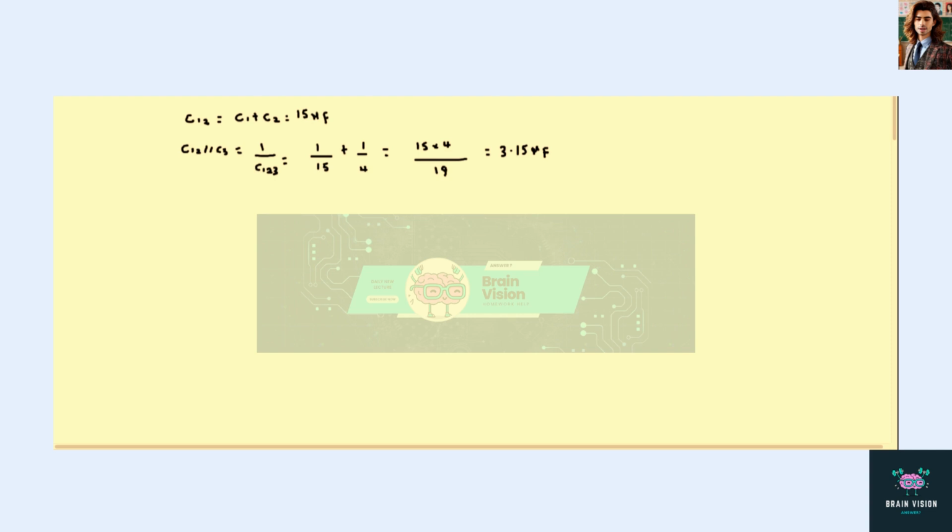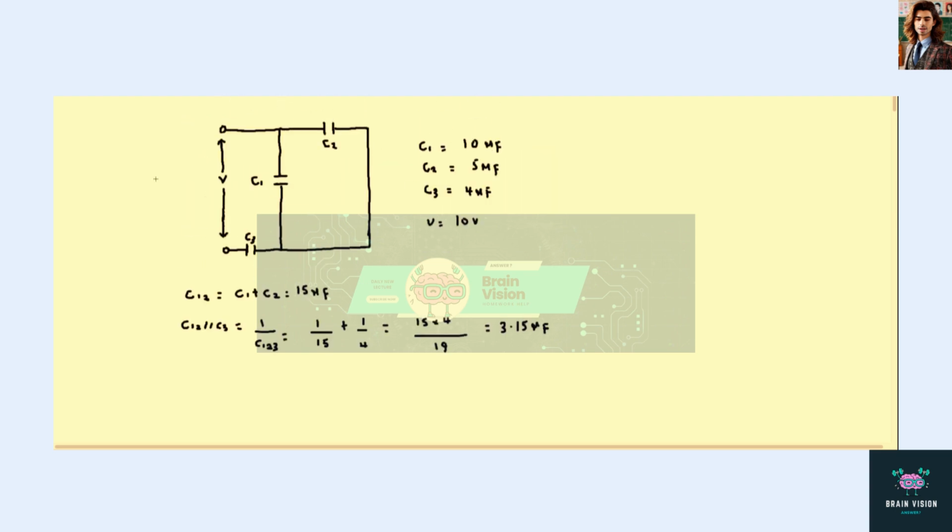For part A, we're told to find the charge across C1. Well, we know the total charge flowing through this circuit.